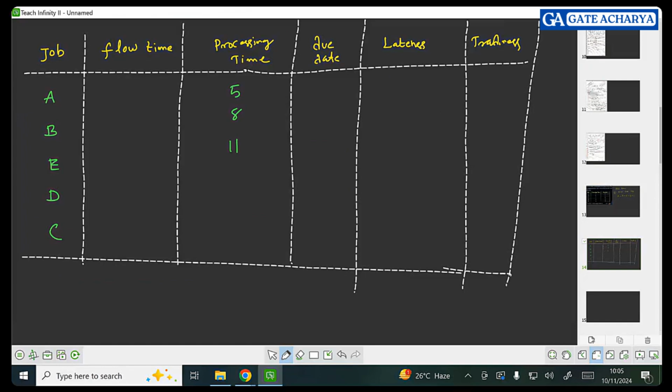Are you sure? Then it is A, B, E, D, C. Then it is 5. How would it be? 5, 8, 3, 9, 6, right?